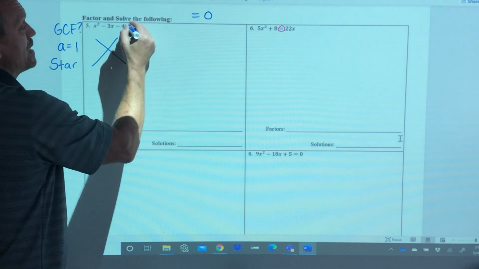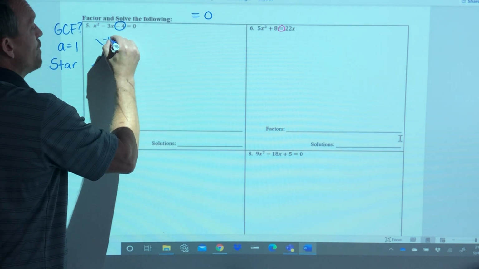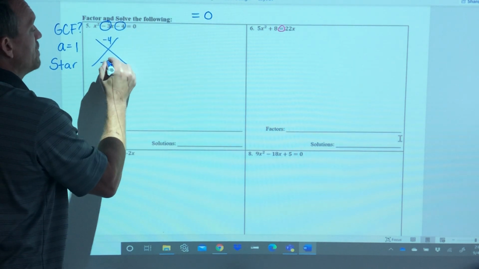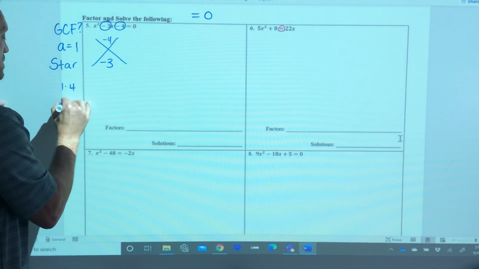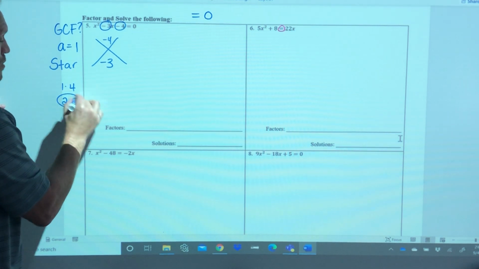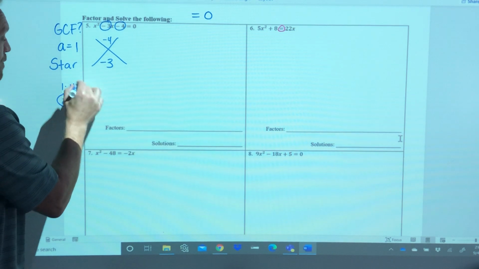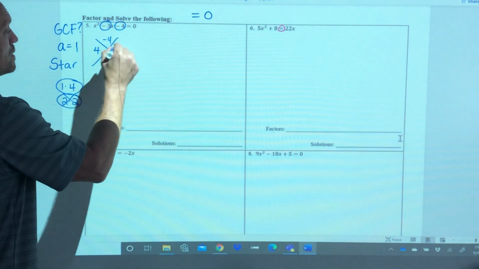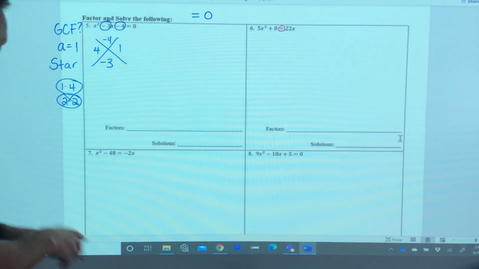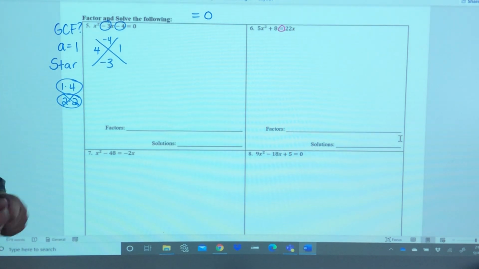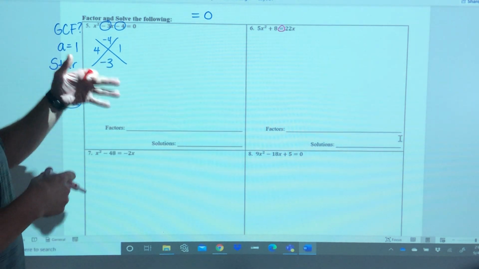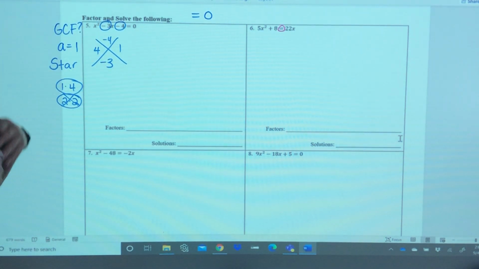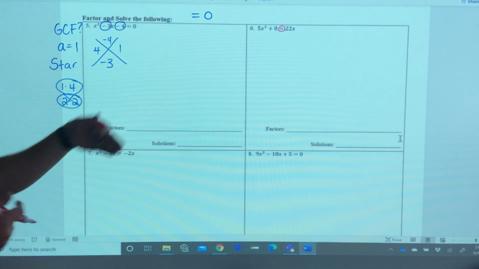Crisscross. My C goes on top, -4. My B goes on bottom, -3. What are factors of 4? 2 and 2 is not going to give me 3, but 4 and 1 will. 4 and 1 will give me 3, but unfortunately 3 is negative, and negative 4 is negative on top. Both of these are negative. That means one of these has to be negative and one has to be positive.